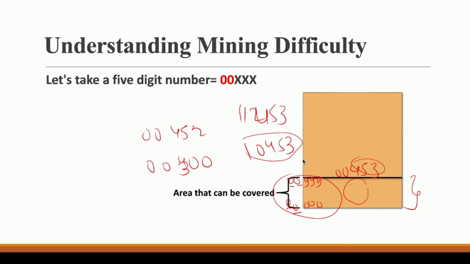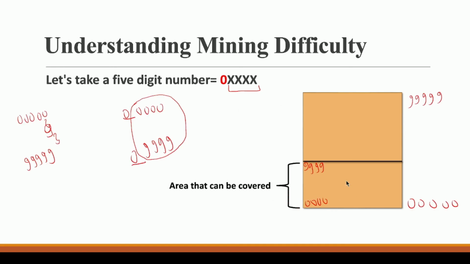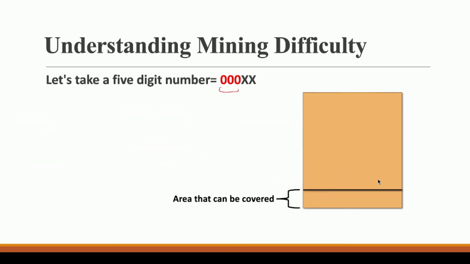Earlier, they were solving for this big area, but now, as the number of zeros increases, the target area decreases, which means the probability of finding a solution to their problem is also reduced. And that's what makes mining very difficult.